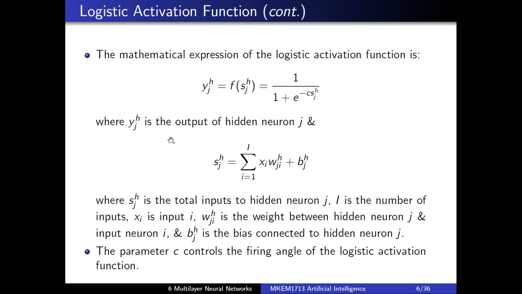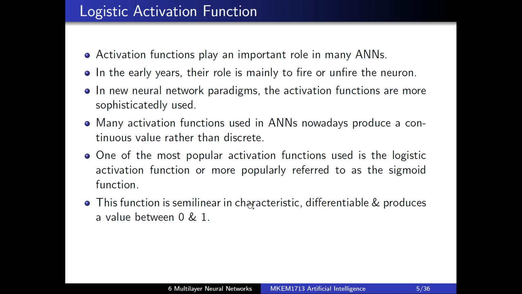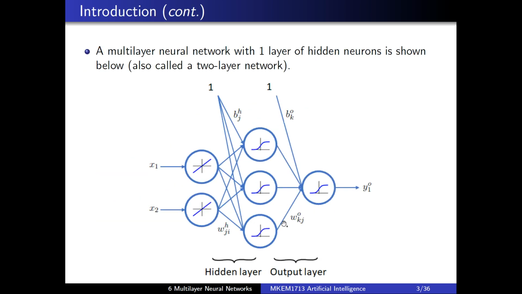We call this hidden output, where YHJ is the output of hidden neuron J. If we refer to this model, here is the output of hidden neuron J. Remember, J equals 1, 2, 3. So whatever comes out here is YH1, this is YH2, and this is YH3.